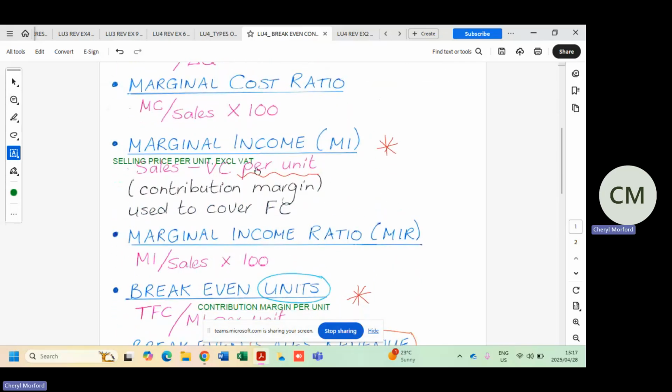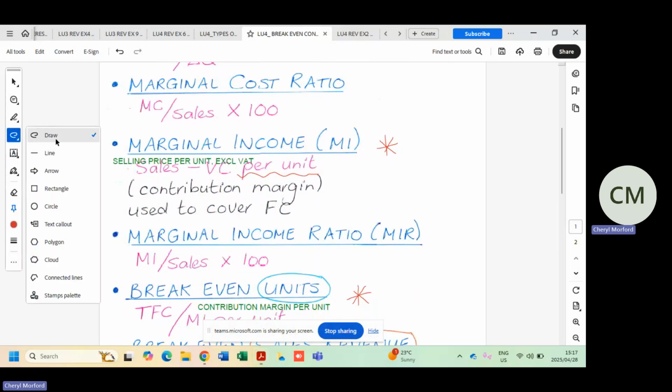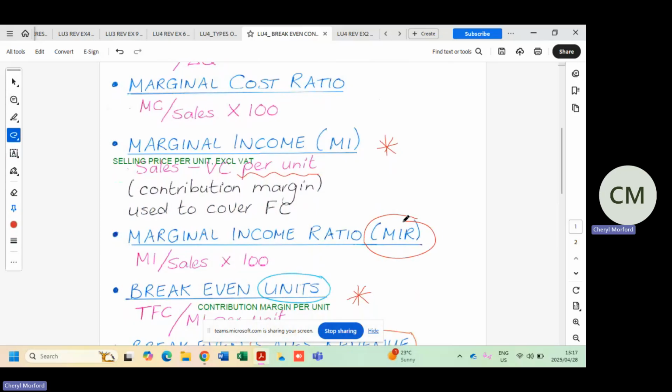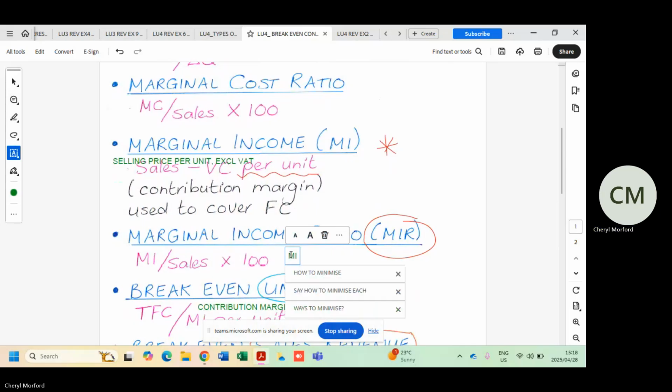We can also have a marginal income ratio, and I will be using this concept in the calculation for break even. So what is the difference between marginal income and marginal income ratio? It simply is your marginal income as a percentage of your sales. So let me put that in my simpler language. It's your marginal income divided by your selling price times 100 to get it into a percentage.